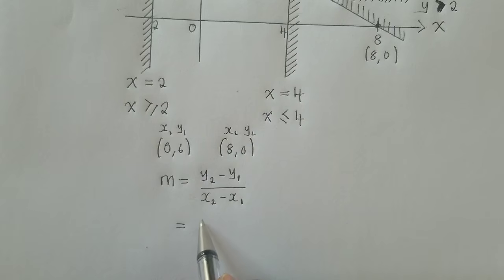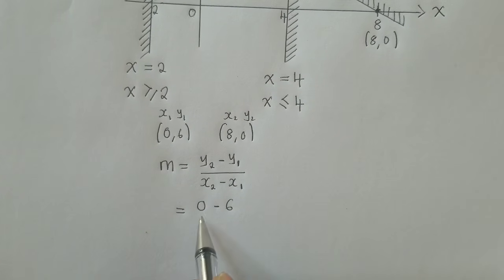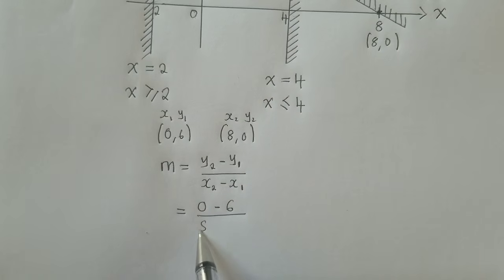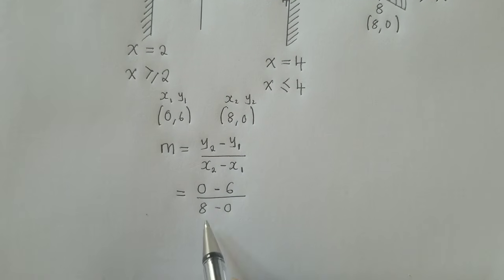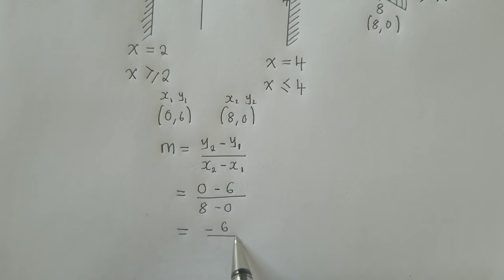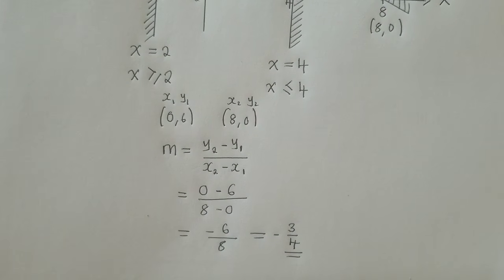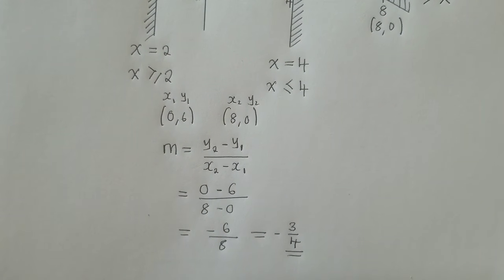Our y2 is 0 minus y1, it's 6, over x2 is 8 minus x1, it's 0. When we simplify this, we're getting negative 6 over 8. Simplifying it further, we shall get negative 3 over 4. So this is our m. Our gradient is negative 3 over 4.